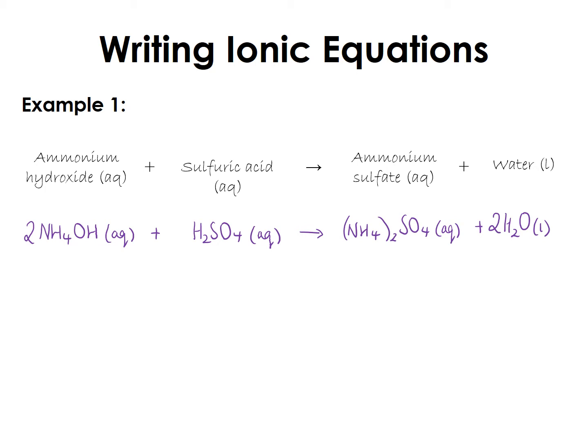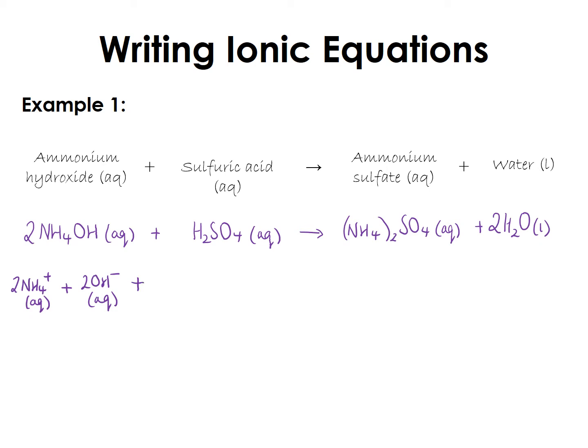Now let's separate each of these ionic substances into its constituent ions, because whenever they're dissolved in water, they will dissociate to form those ions. So from ammonium hydroxide, we've got 2 NH4+ ions, (aq), I'm going to put the state symbols underneath just to save a bit of space, and 2 OH- ions, also (aq). Here we've got sulfuric acid.